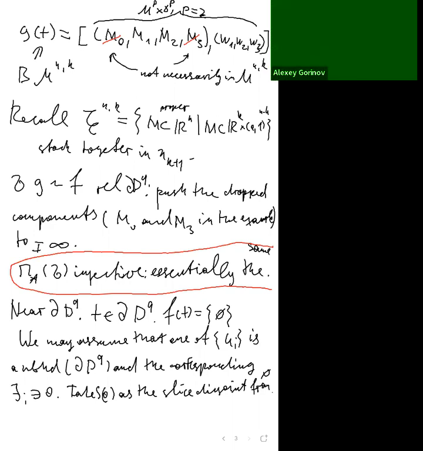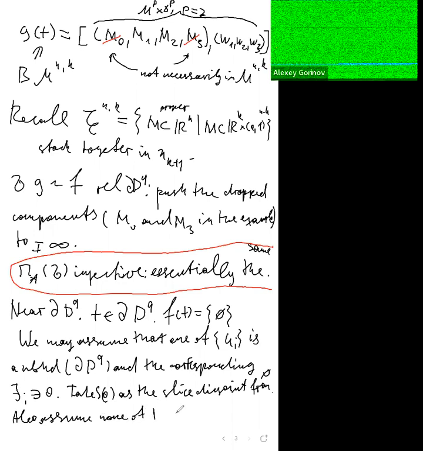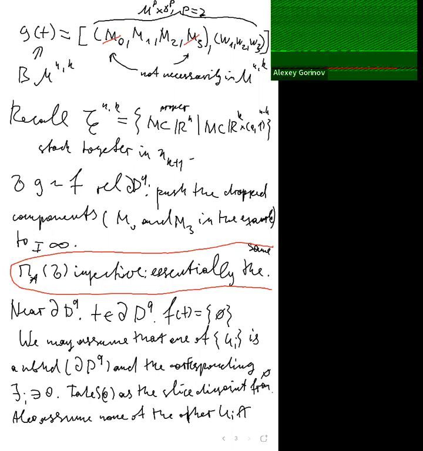Then let's also assume that none of the remaining U_i intersects the boundary.